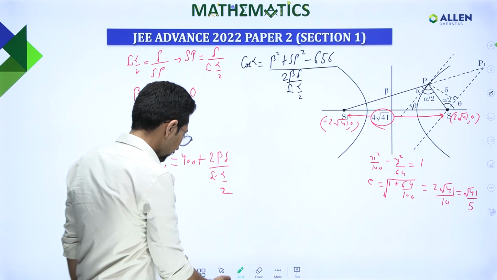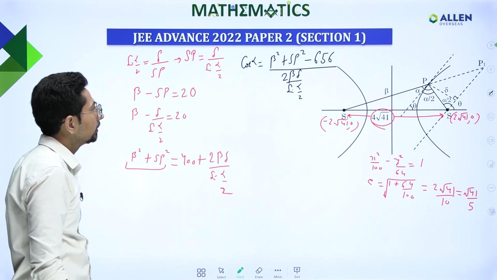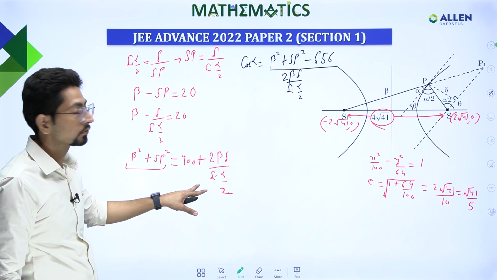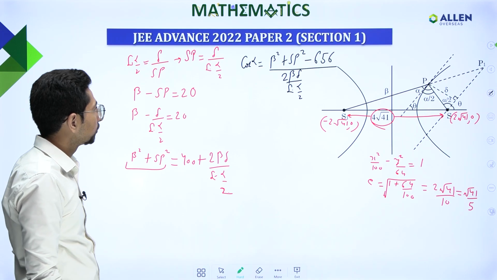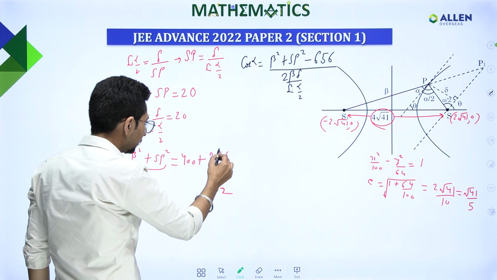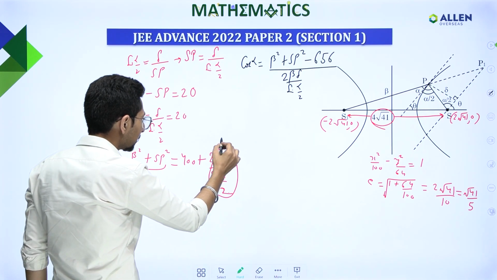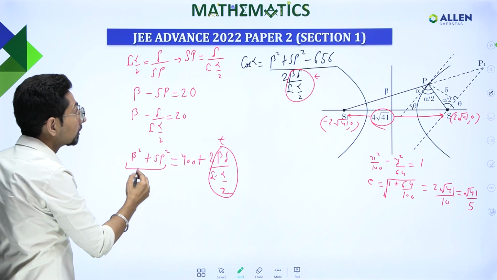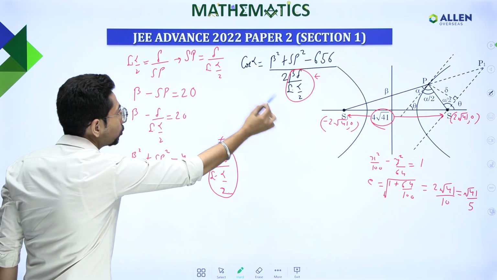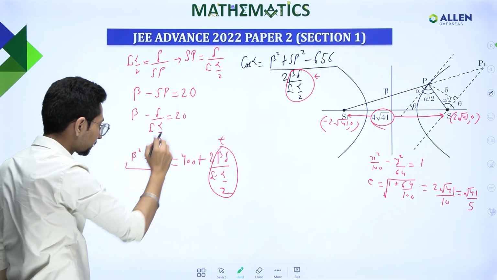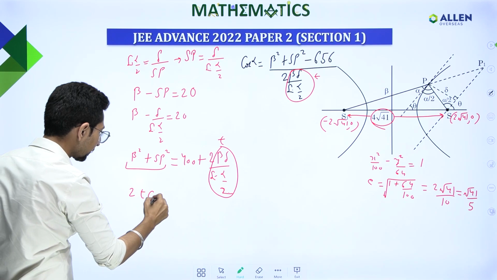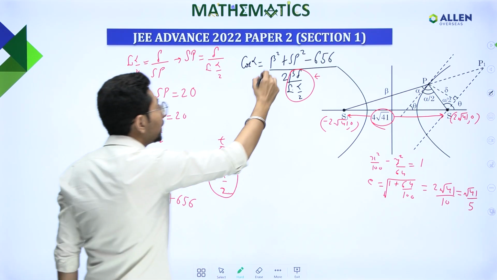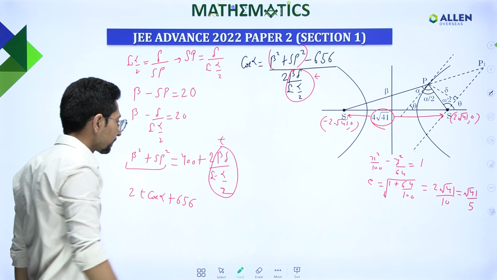So from here, you can directly see that this beta square plus SP square value can be compared with this one. Let's call this T, this is also T. According to this, the value of beta square plus SP square is 2T cos alpha plus 656.